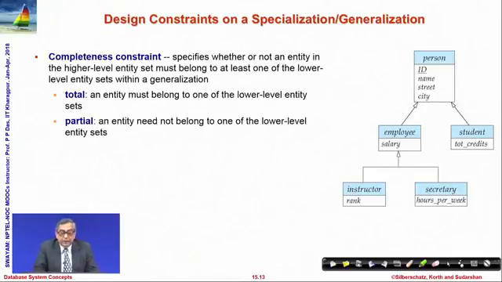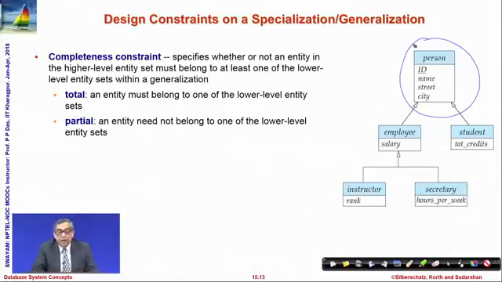The other constraint that you should identify is the constraint of completeness. Say I have an entity set person, and then we have specializations of employee and student.